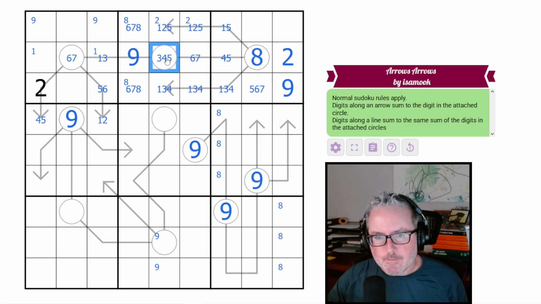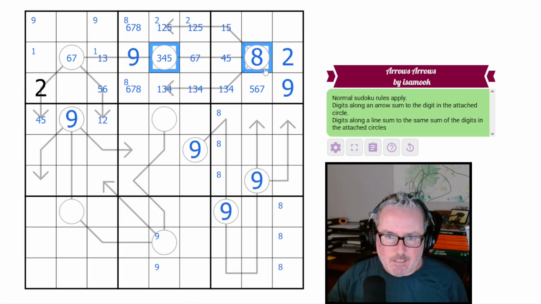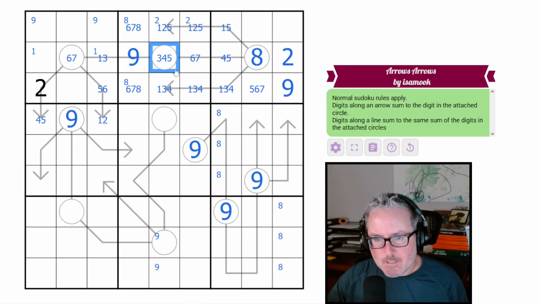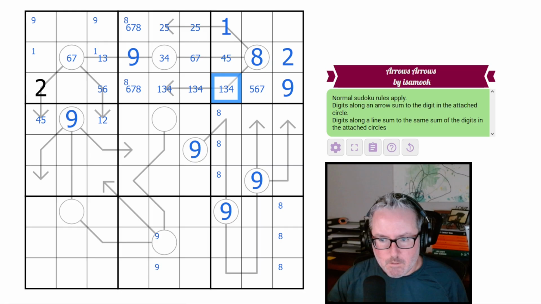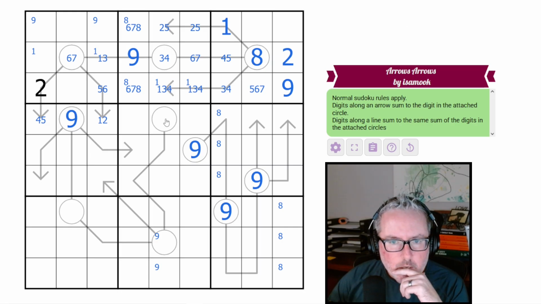Because if this was a 5 and an 8, we're at 13. We can't make these two add to 13. That's not 5. There's a 5 here. This is a 2-5 pair. Let's get rid of the 1, put it here. One of these is a 1, you're not. Okay.